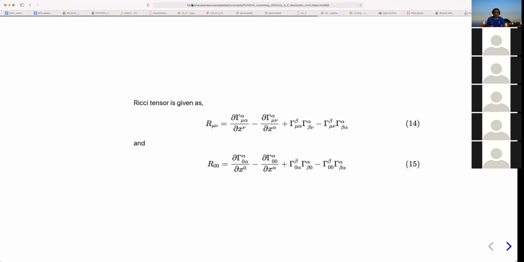Now, why did we actually need connection coefficients initially? Something that we didn't talk about before. Remember that we had to talk about connection coefficients because we are in a curved space, and in a curved space, when you do differentiations, your unit vectors are not constant in a certain direction, right? They keep changing. This changing of unit vectors you have to represent using the connection coefficients.